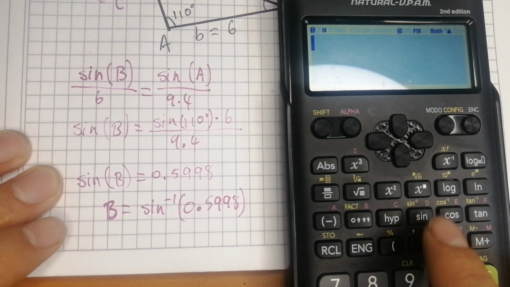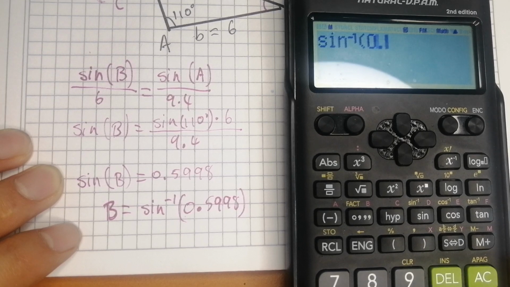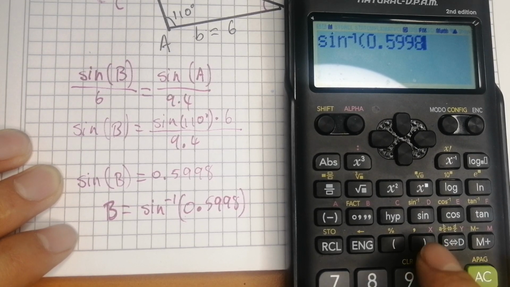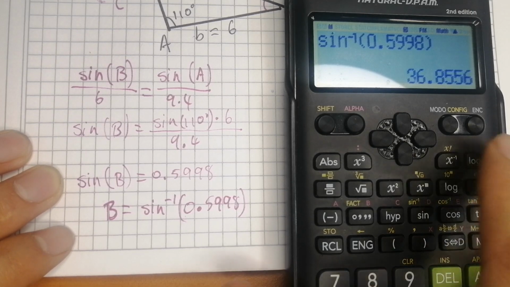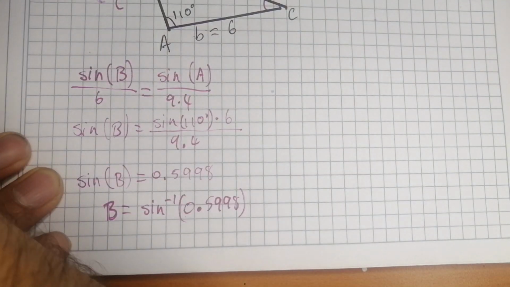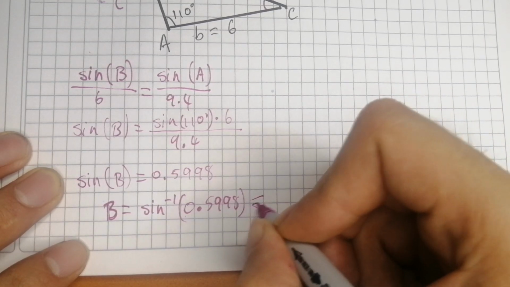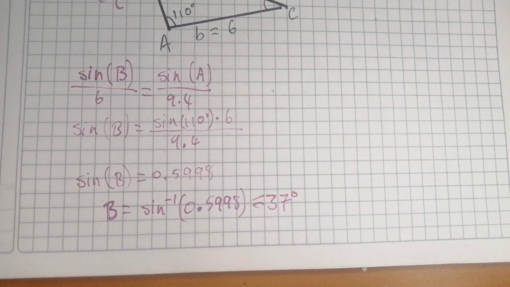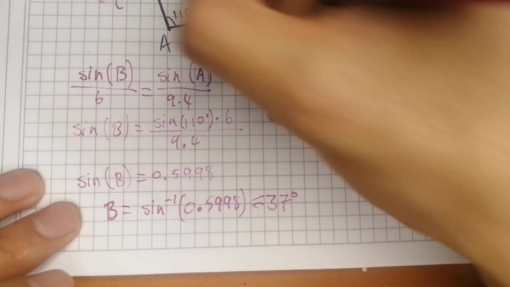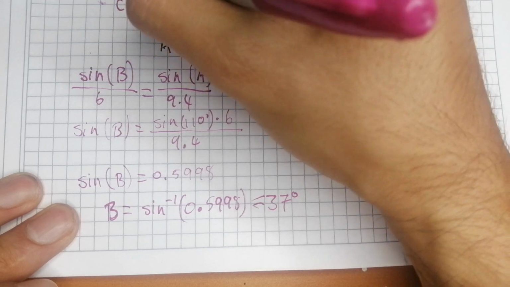Remember, it could vary a lot depending on the calculator. Inverse sine of 0.5998, I close this and I get 36.85. So let's call it 37. So this 37 degrees is the value of the angle that I have here, 37 degrees.